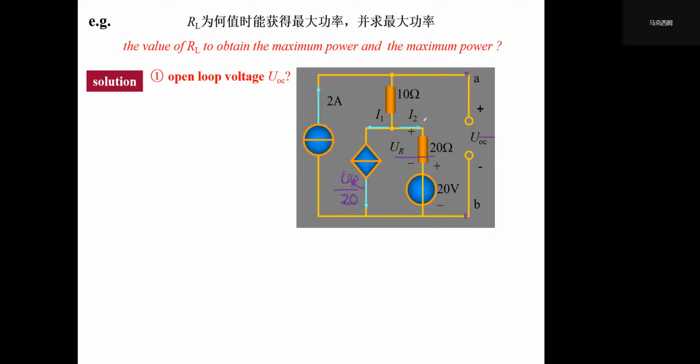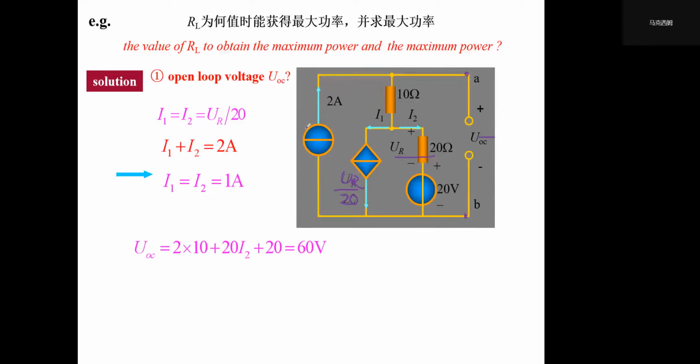And we know I1 and I2 together equal 2 ampere. So we can say that they are 1 ampere each, and we can calculate the value of UR.